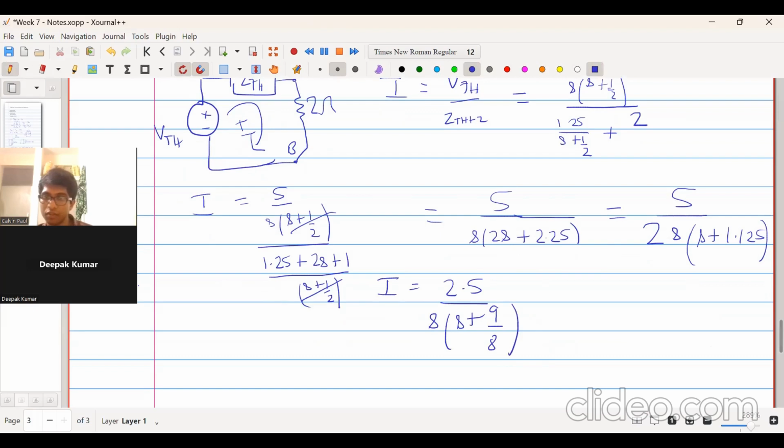Now we have to do partial fractions and get it in the form A upon S plus B upon S plus 9 upon 8.